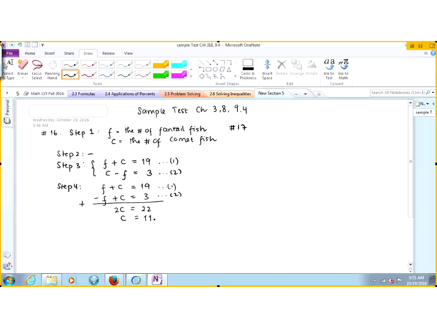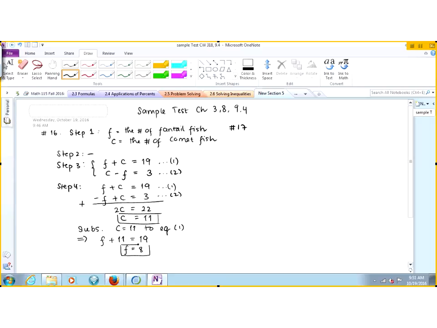So what is C? 11. So there are 11. What about fantail? How many? 8. Yes. So substitute C equals 11 to equation 1. So we have F plus 11 is equal to 19.